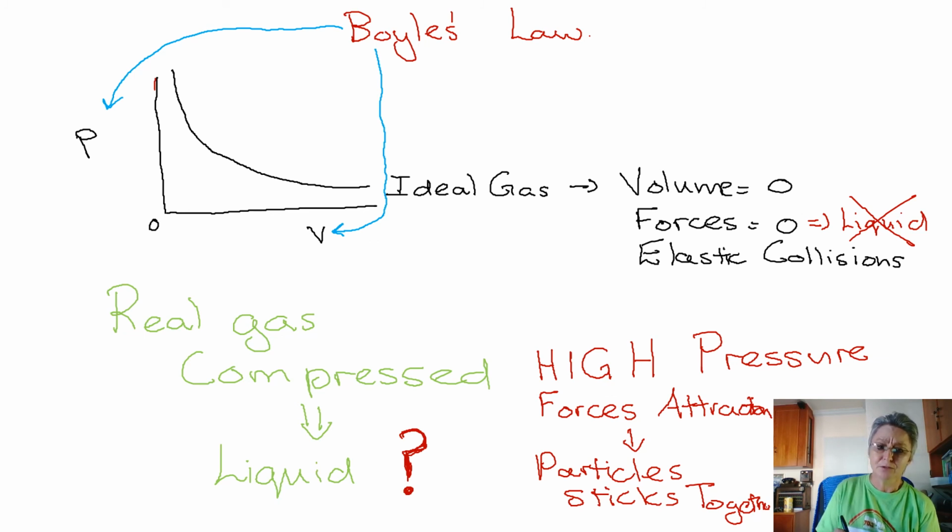So at very high pressures, will the volume decrease like it should at high pressures? So our high pressures will be this part of the graph. This will be high pressure.